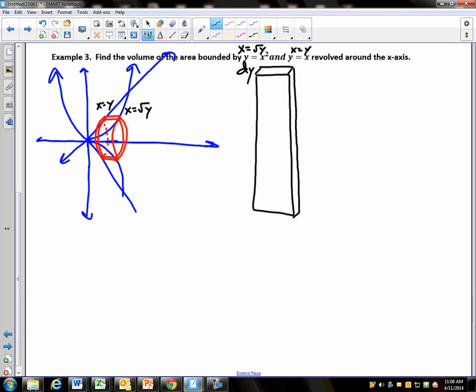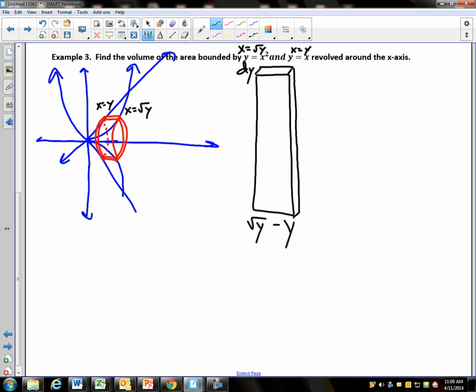So, let's look at this. The last piece, and this is kind of different. How do I come up with this width right here? This width is the same as this, is it not? And in order to get that, I have to do right minus left. So the right function is the root of y. The left function is y.